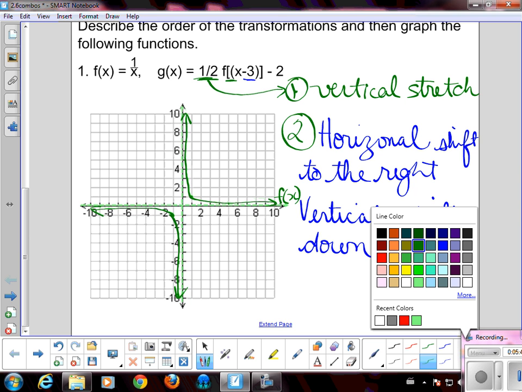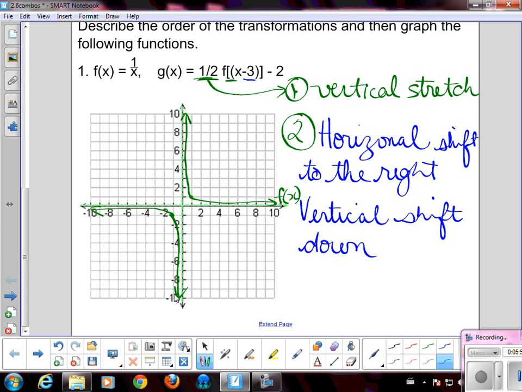Now, by putting that 1/2 in front, that's going to affect my y values. So what I need to do here is go over 1, but instead of up 1, I'm only going to go up 1/2. So I will use red in this case. It's going to go up 1/2.